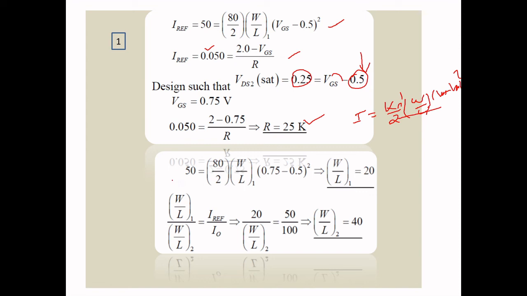It was rearranged and modified, and we have to substitute the given values. Substitute all the known values, and this is the unknown you have to find. So you will get W by L of transistor 1 equal to 20.